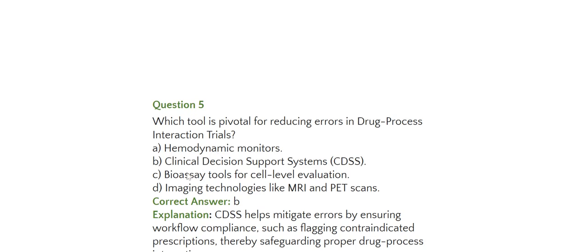So the answer here is B, the CDSS, the clinical decision support systems, which is pivotal for reducing errors and bias in drug process interaction trials. CDSS helps mitigate errors by ensuring workflow compliance, such as flagging contraindicated prescriptions, thereby safeguarding proper drug process interactions.